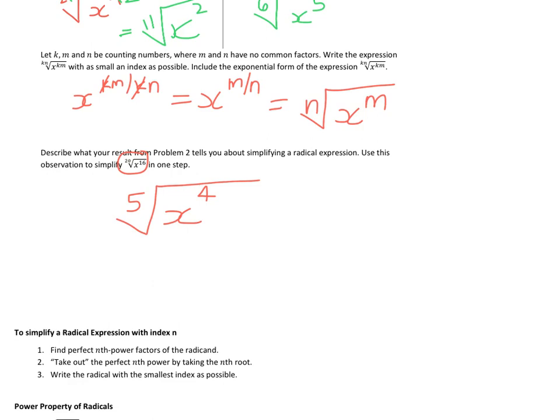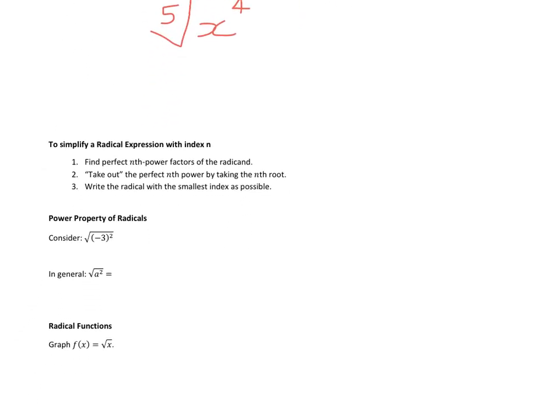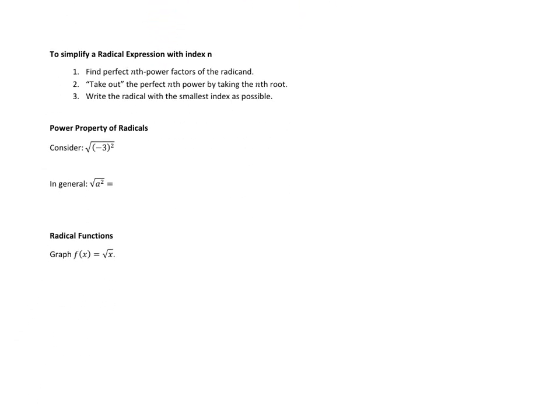All right, so what have we learned about simplifying? To simplify a radical expression with index n, first we find the perfect nth powers of the radicand, the stuff underneath the radical sign. We take out the perfect nth power by taking the nth root. And then after simplifying, we just want to make sure we can write the radical with the smallest index possible.